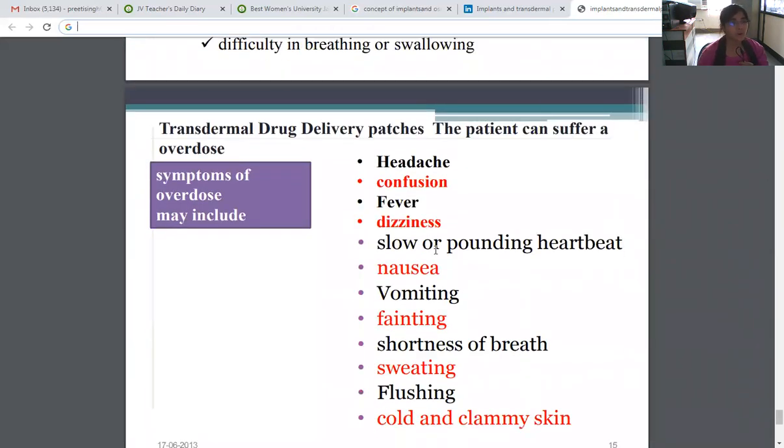The symptoms of overdose may include headache, confusion, fever, dizziness, slow or pounding heartbeat, nausea, vomiting, fainting, shortness of breath, sweating, flushing, and cold and clammy skin.